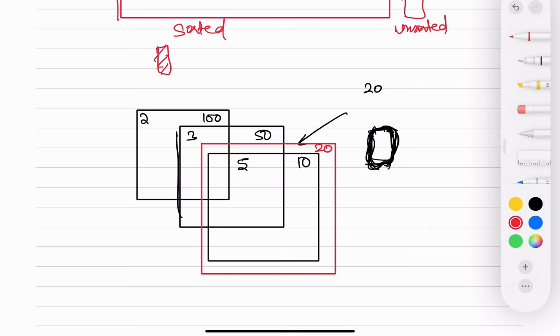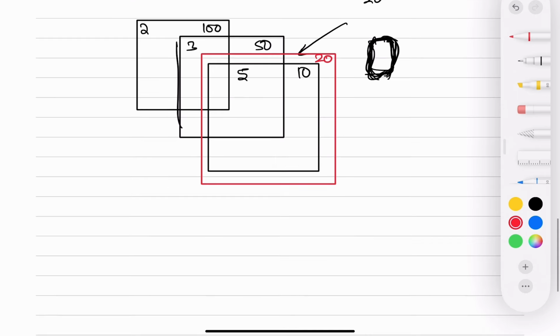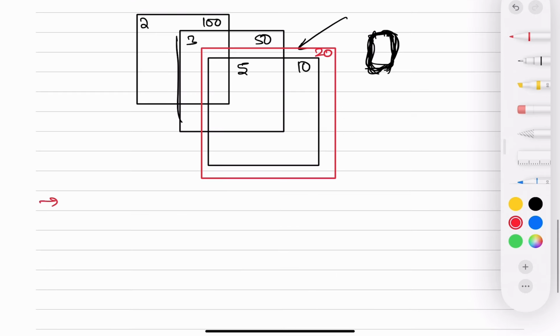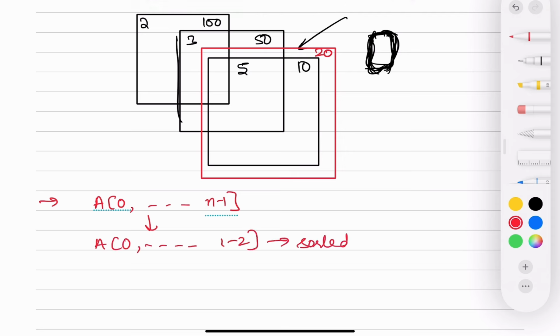So if you want to write it, to sort an array, let's say this is my n minus 1 array, we assume that a[0] to a[n minus 2] is already sorted, and we just need to take a decision where to insert the a[n minus 1]th element in the entire list. That is why it is called insertion sort.